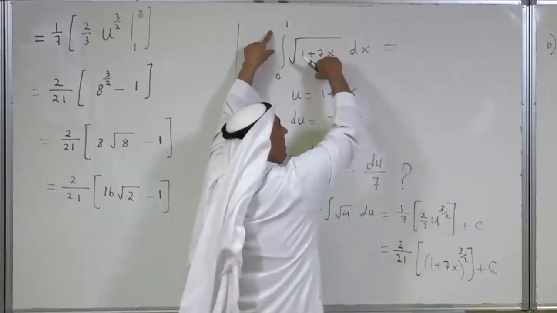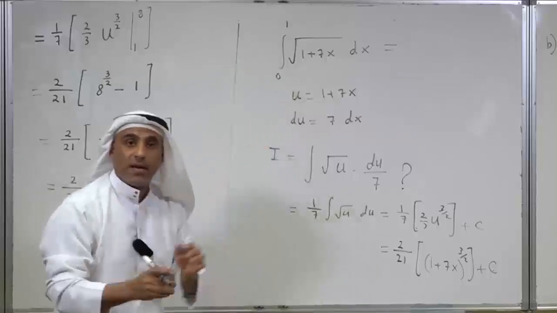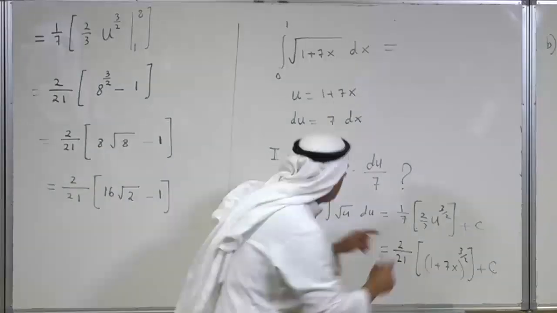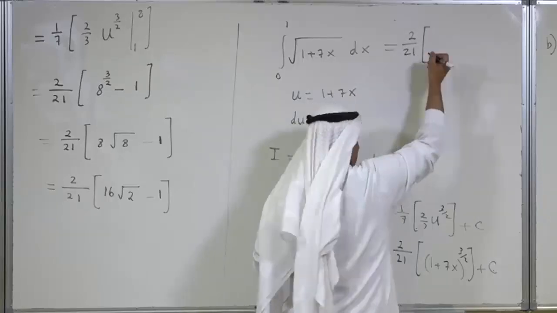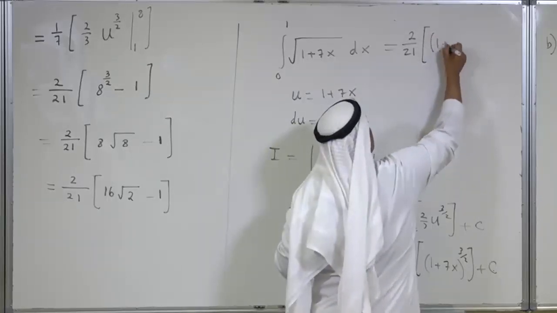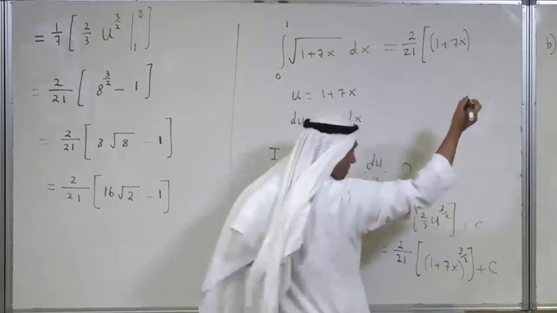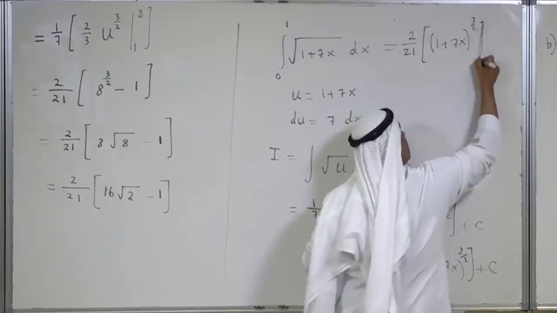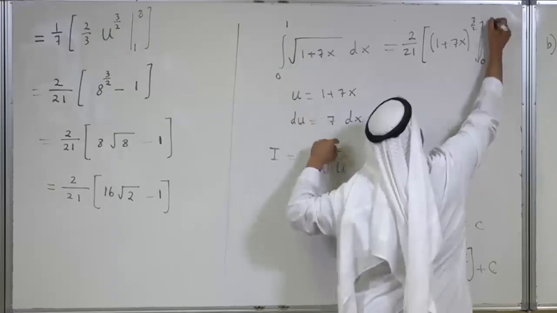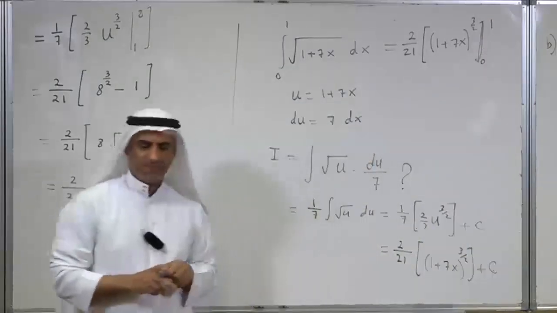If someone asks me to evaluate this, I need only one function, an antiderivative, according to the fundamental theorem of calculus. I can take 2 over 21 multiplied by 1 plus 7x, all to the power 3 over 2, and then evaluate it from 0 to 1. Is this correct or not correct?